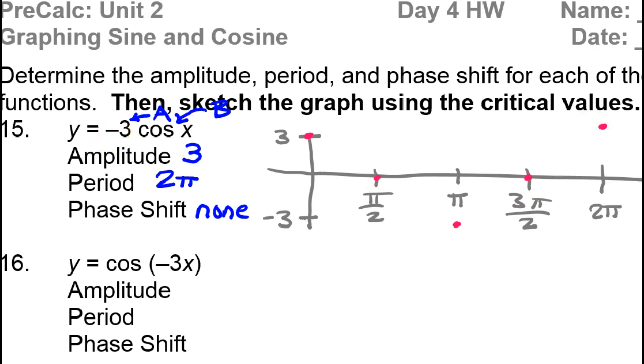But because of this negative sign, it's a reflection over the x-axis. So this has to be upside down. So that's why I'm going to go ahead and draw my cosine function upside down like this. And that is what number 15 should look like.